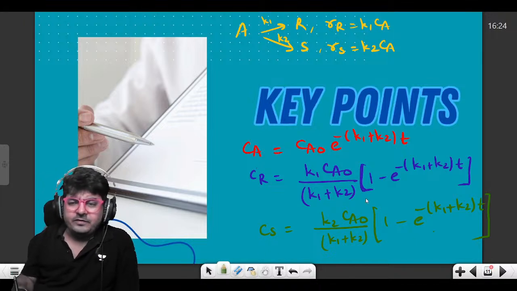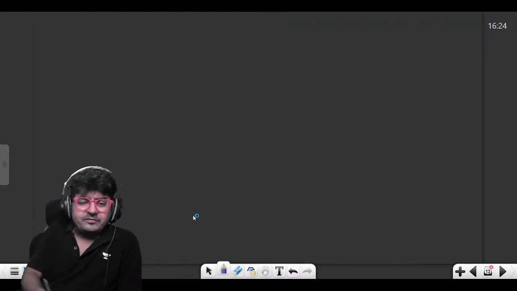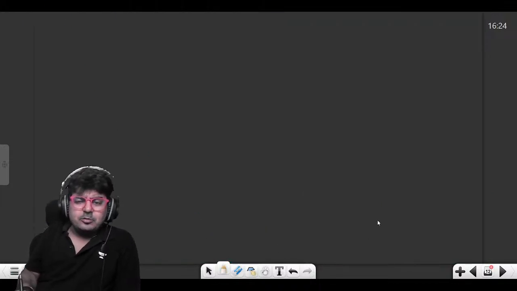Okay, now if you will draw these equations on a graph, which you can do, you will get the concentration profiles. So how will you get them?